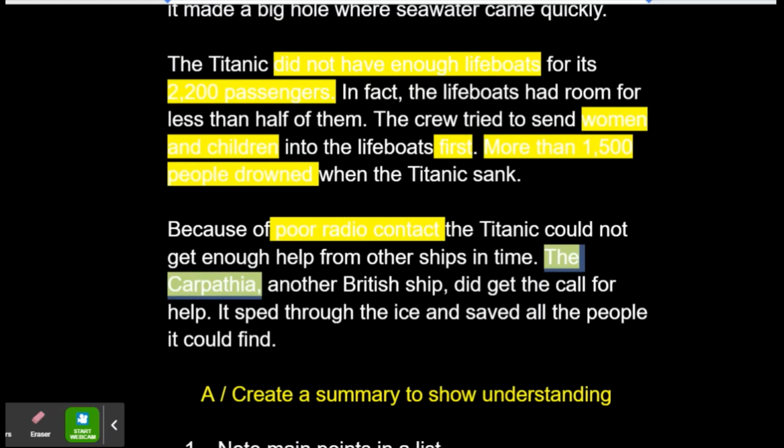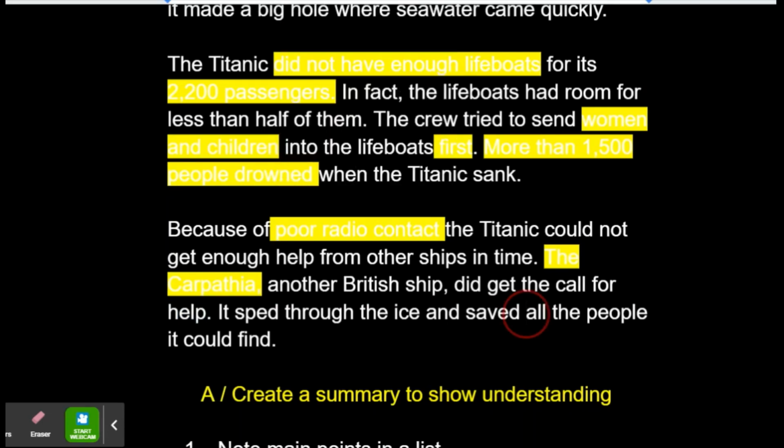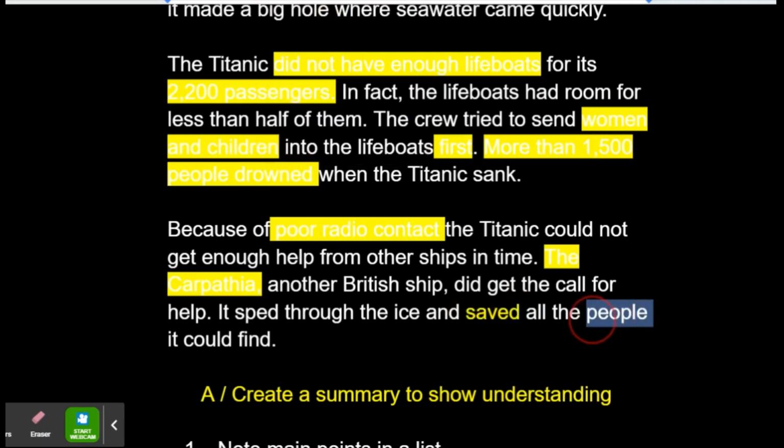And then I'm going to use the word help, because that's really important. And the fact that the Carpathia saved all the people it could find, I'm going to summarize that to just saved. So it saved people, because that means I can reduce the number of words that I've used.